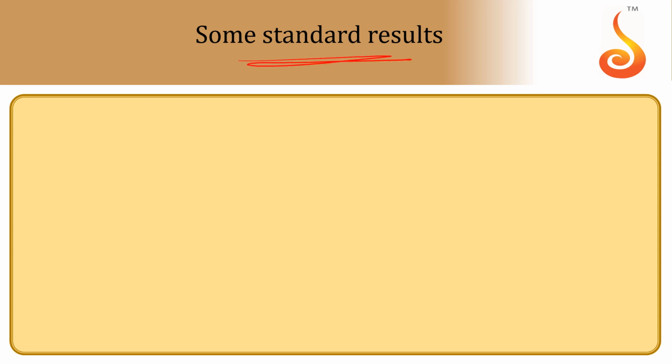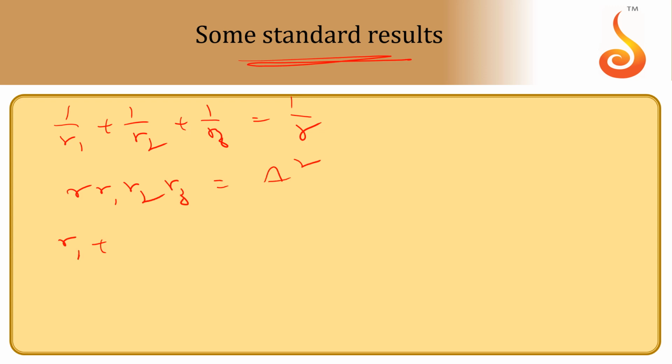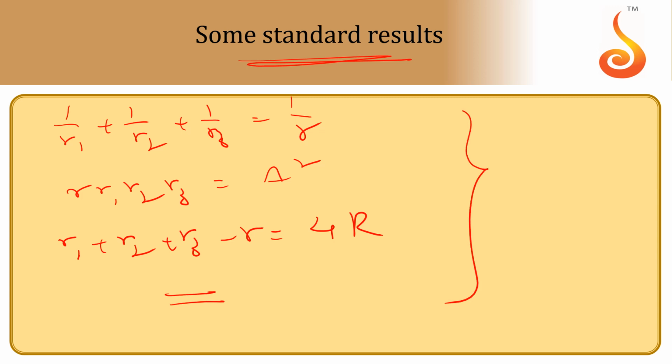Some standard results. I think most of you know 1 by R1 plus 1 by R2 plus 1 by R3 is 1 by r, R1 R2 R3 is delta square, R1 plus R2 plus R3 minus small r is 4 capital R. So like this you have standard results.